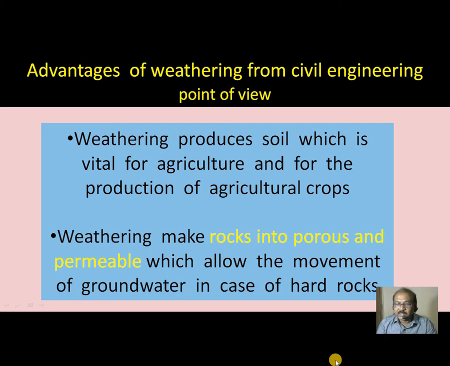Weathering makes the rocks porous and permeable, so that it allows the movement of groundwater from civil engineering point of view, especially in hard rocks. If rocks are porous and permeable, then we can tap groundwater. So it allows the movement of groundwater.